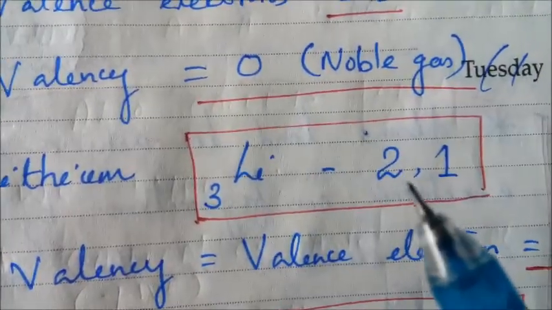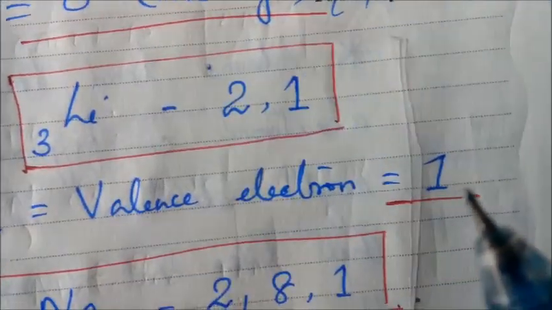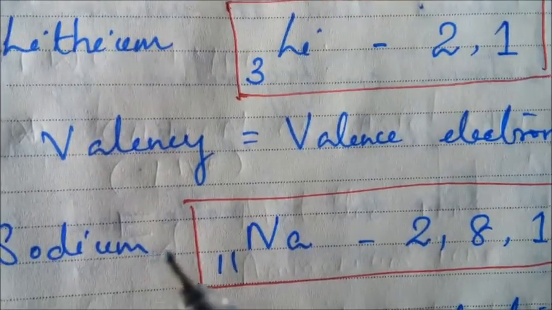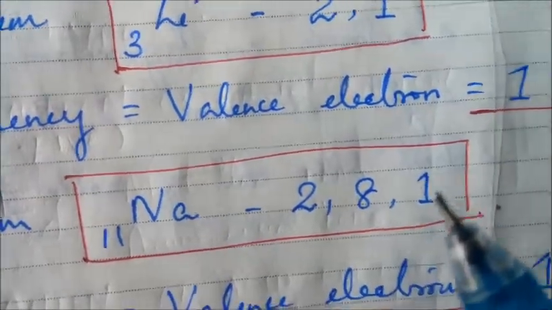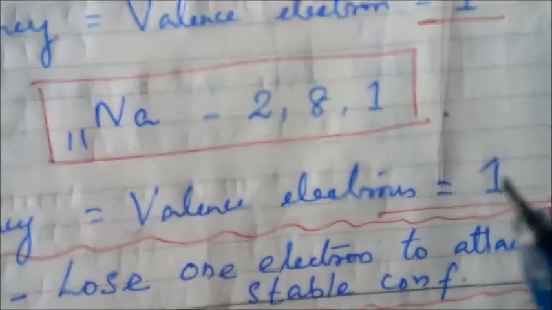Lithium 3, configuration 2,1, valency is equal to valence electron is equal to 1. Sodium 11, configuration 2,8,1, valency is equal to valence electron is equal to 1.